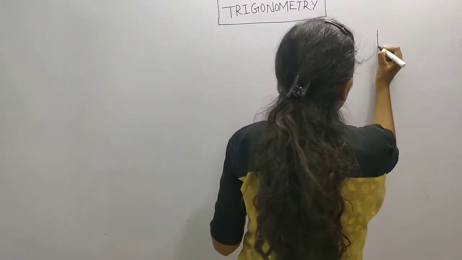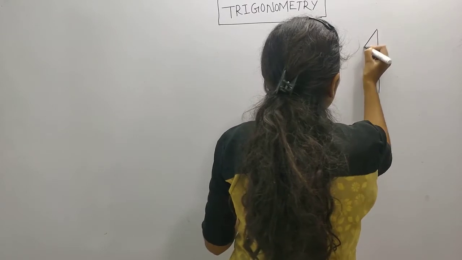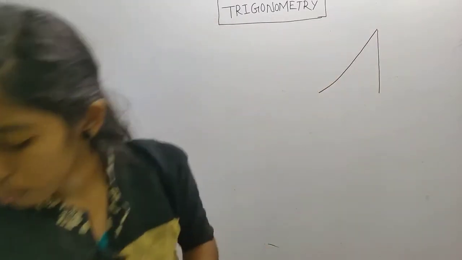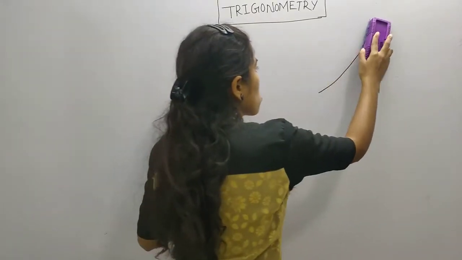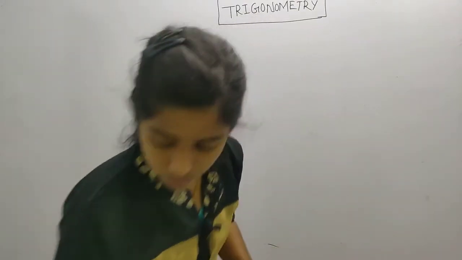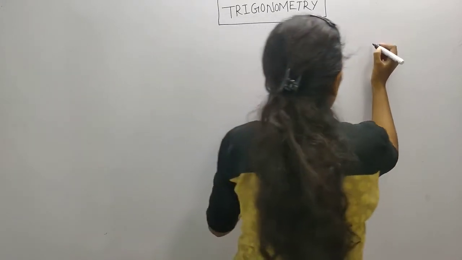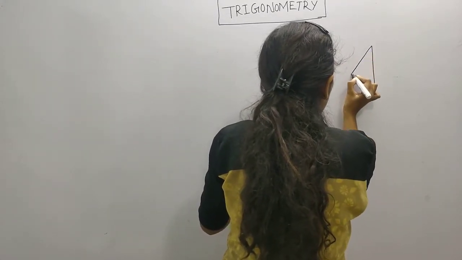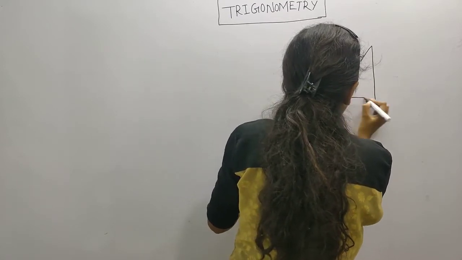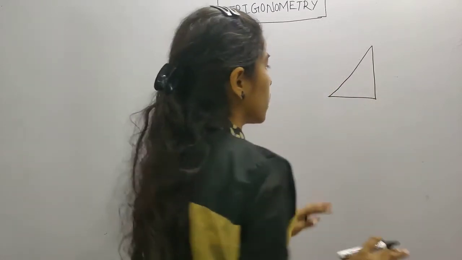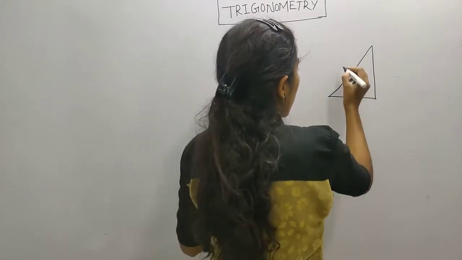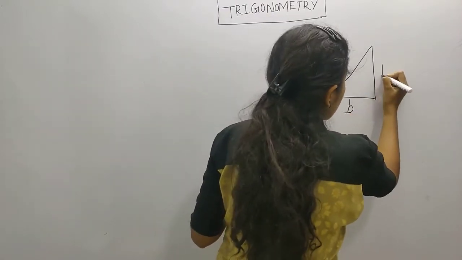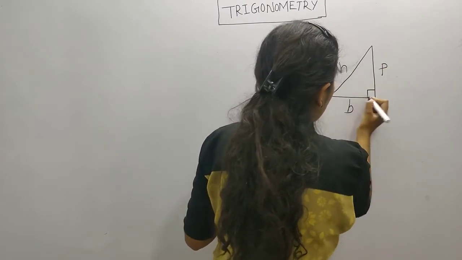Let it be a triangle. In the triangle, this is the hypotenuse, this is the base, and this is the perpendicular.